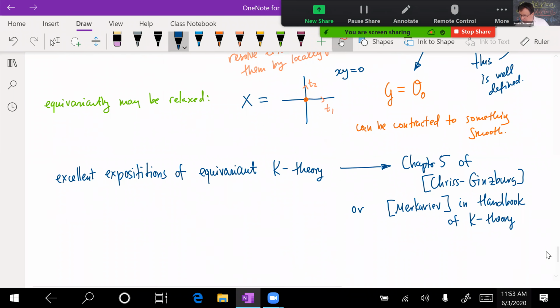Let's see, another goal in this lecture was to compute the equivariant K theory of projective space.